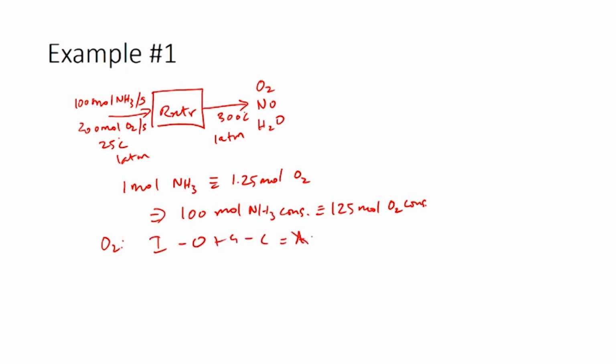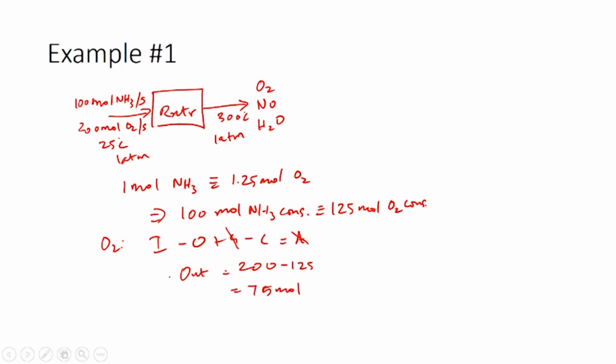At steady state there will not be any accumulation, and you would not have any generation of oxygen because it is a reactant. So, you would have input, output and consumption. We have already identified consumption of oxygen as 125, and we know the input is 200. So, the output for oxygen would be 200 minus 125, which is 75 moles of oxygen leaving the system.